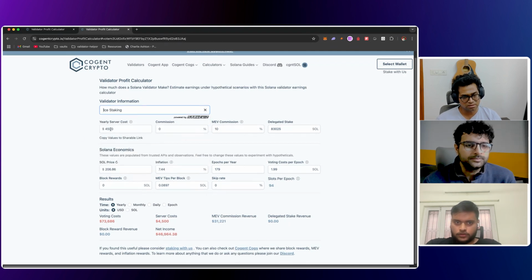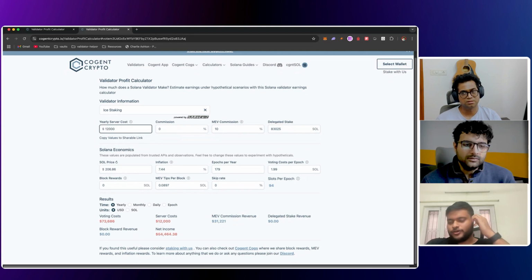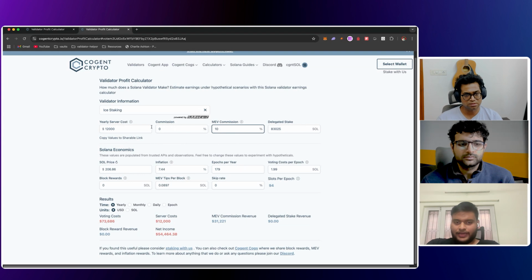So my server cost is some $12,000. That is a lot because I have a few machines. My commission is zero, MEV is 10%, and my current stake is 83,000 SOL. It has all the prices pulled up, and as I told earlier, you need roughly two SOL per epoch to vote, so it considers voting costs.